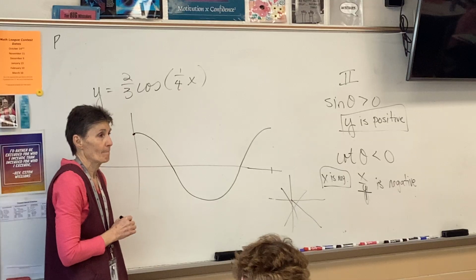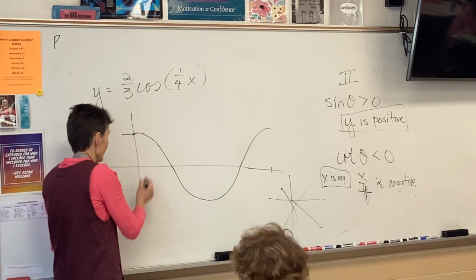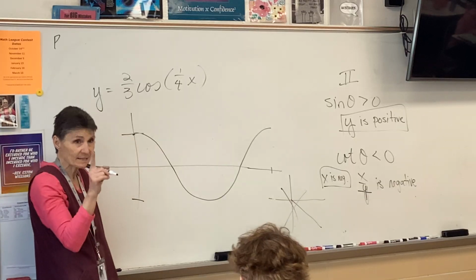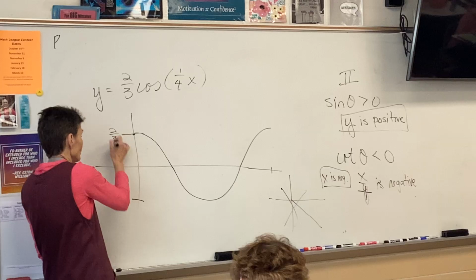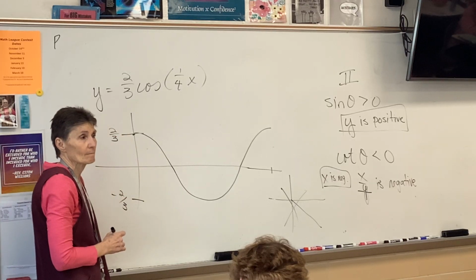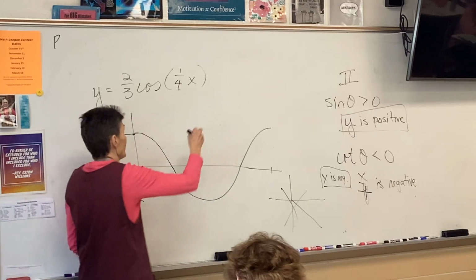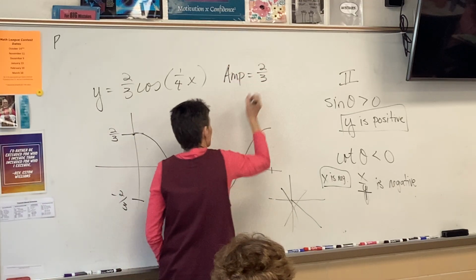Now we're going to label the y-axis, and that's the easy one, because wouldn't that just be 2/3 and negative 2/3? Yeah. Your amplitude is 2/3.